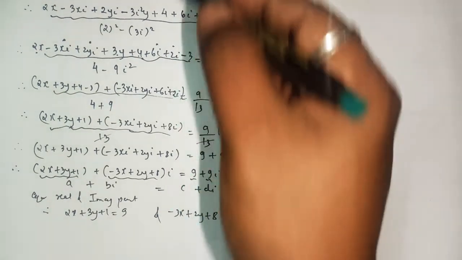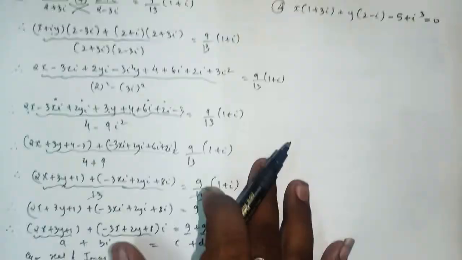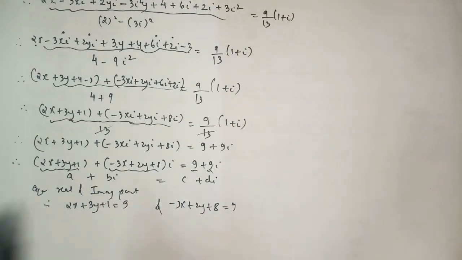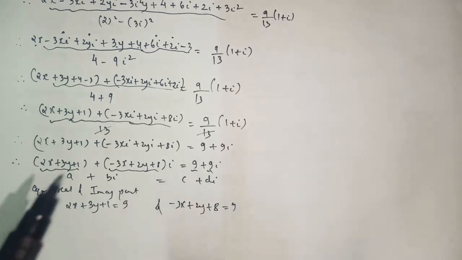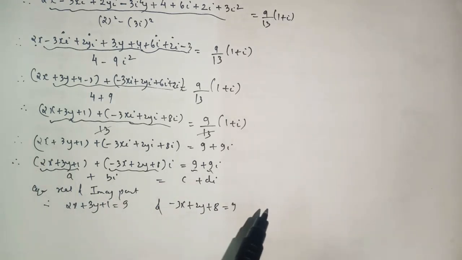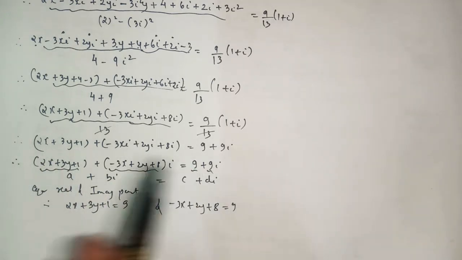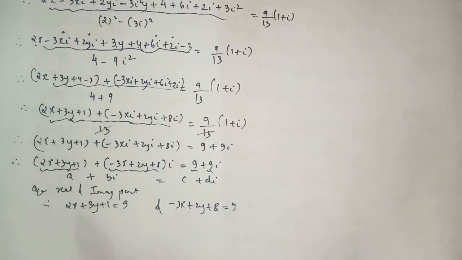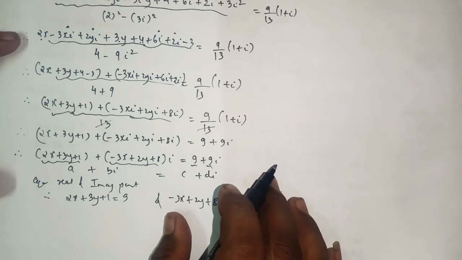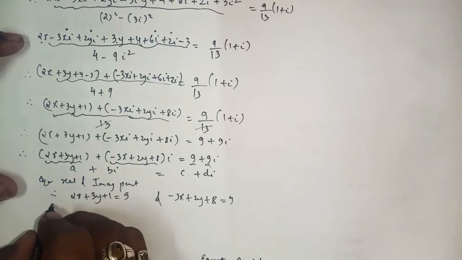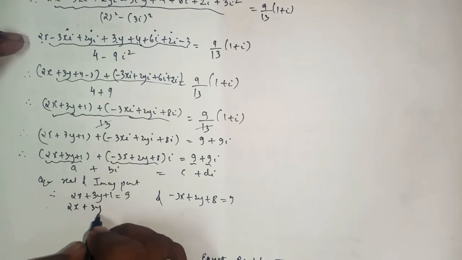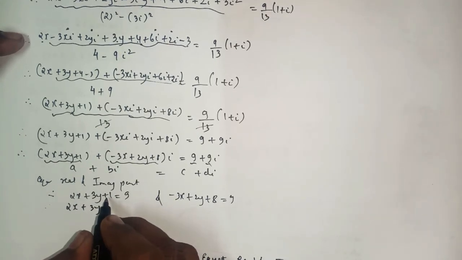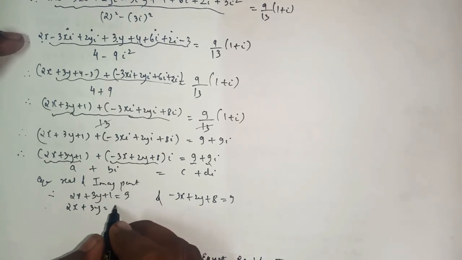Okay, so as now we have converted this question in the form of a plus bi equals to c plus di, that is the fundamental of this sum. Simply you have to convert this section into a plus bi equal to c plus di, where you can equate the real and imaginary parts separately to get the required equations, yes or no? So after this, one more step we can do: 2x plus 3y equals to, we can shift this 1 to the right hand side, so 9 minus 1 will be 8.